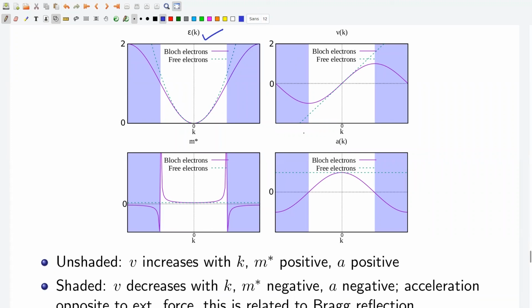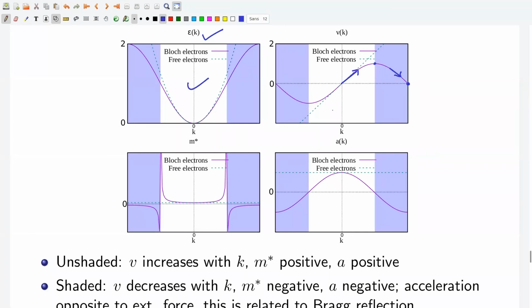The same is true for velocity. Velocity of Bloch electrons is the same as free electron velocity near the zone center. Velocity increases with increasing k. It reaches some maximum value and then it decreases and becomes 0 at the zone boundary.